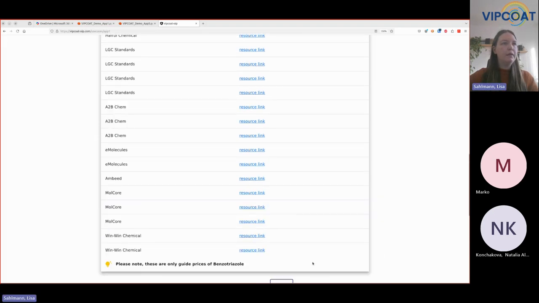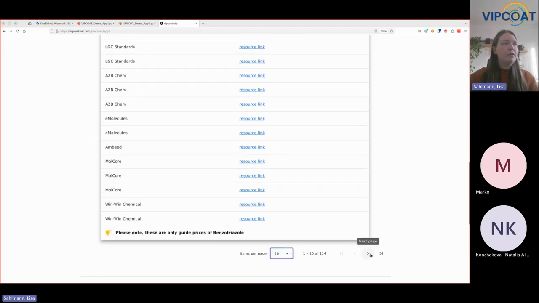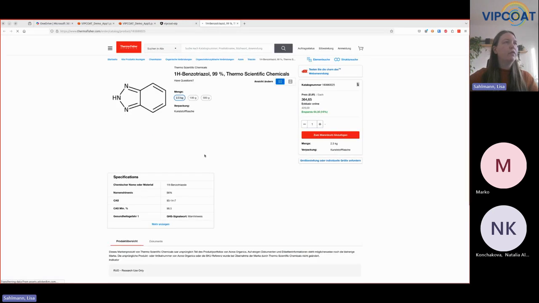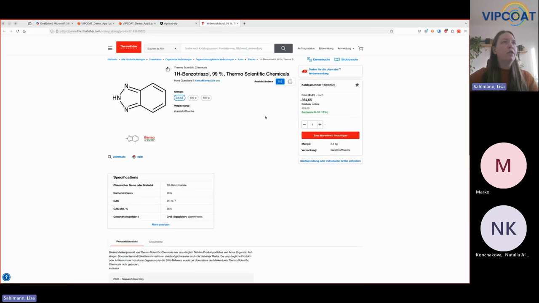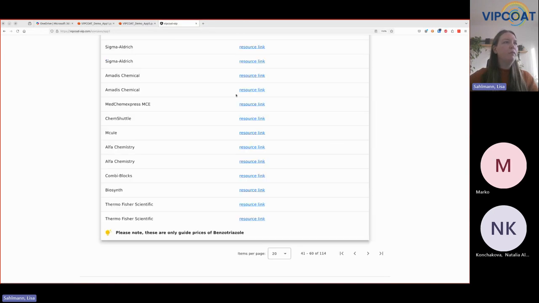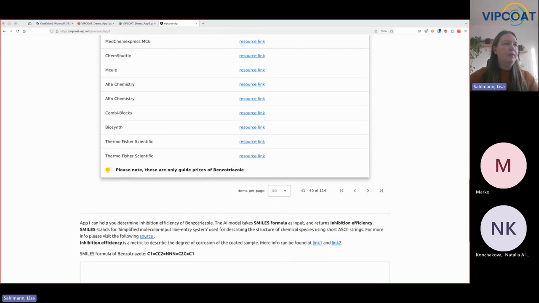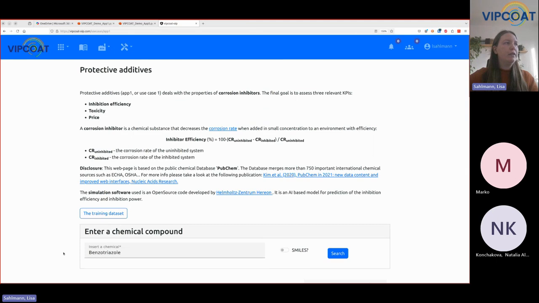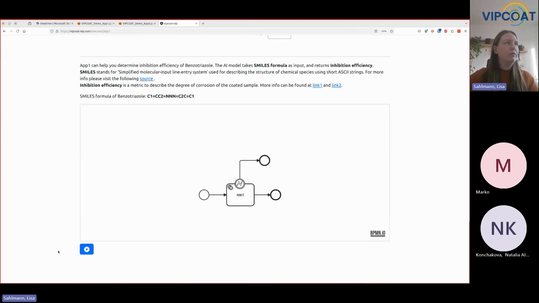Many vendors are listed, and so this is a way to find something about the price. If you click the link, you get to the homepage and you can see how much you would need to pay for this molecule. And then, once you found out about the different KPIs, you can run the machine learning model.